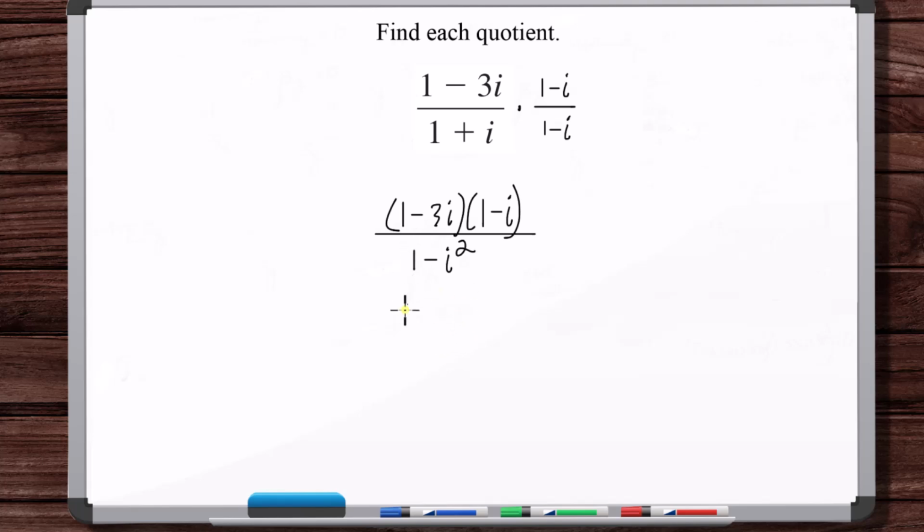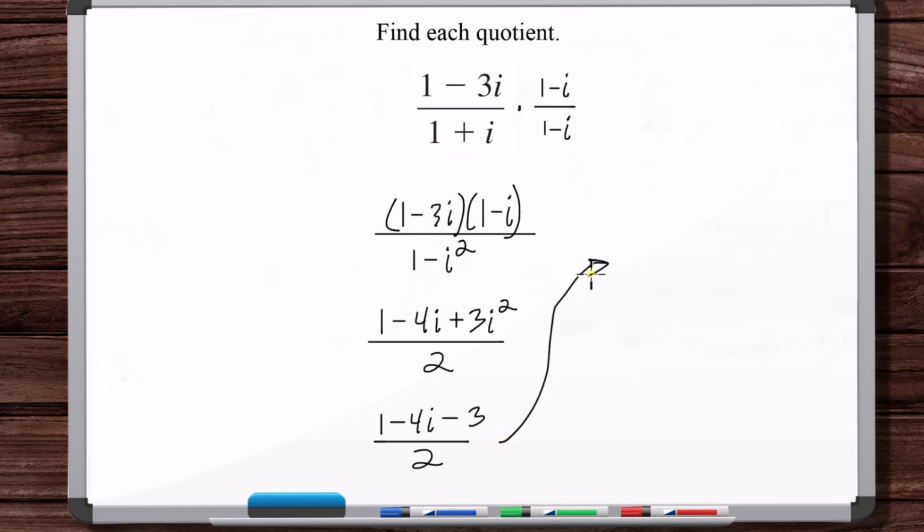Okay, so in the numerator, you've got 1 minus i minus 3i plus 3i squared over 1 minus i squared, so that's 1 plus 1 is 2. Okay, so you've got 1 minus 4i minus 3 over 2. So minus 2 minus 4i divided by 2. So that's minus 1 minus 2i.